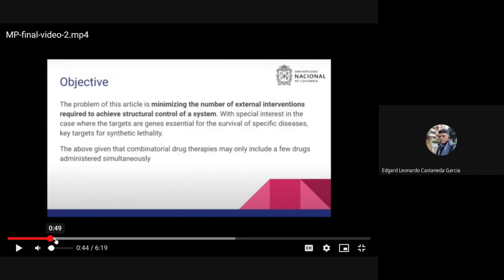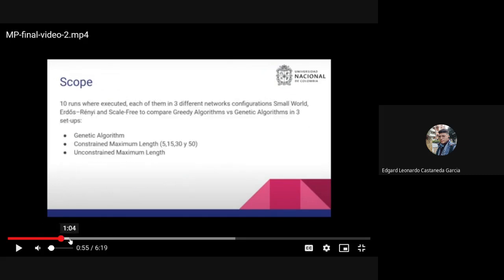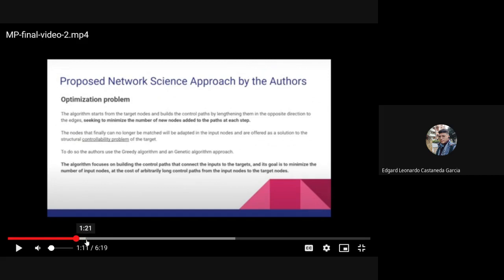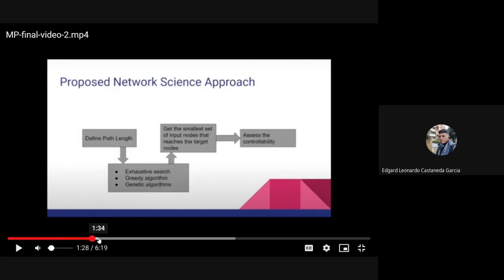In the article, what they do is optimizing this set. A little, there, at that point. Optimizing that set, they define a path length, and using several algorithms, they found a number of input nodes that they can use to control the network. So at the end, they assess the controllability.